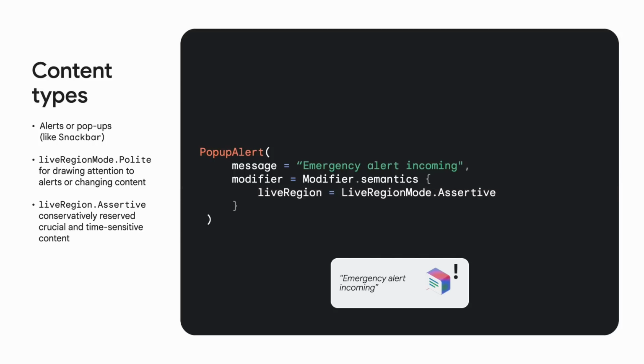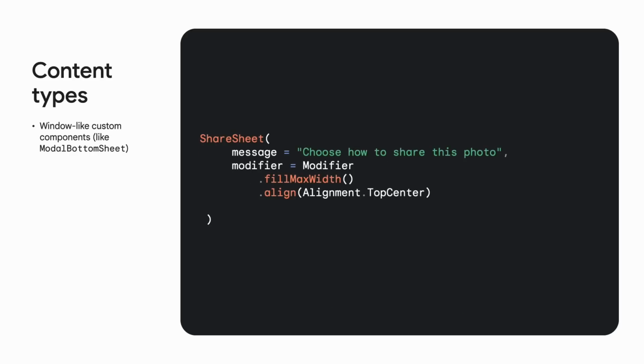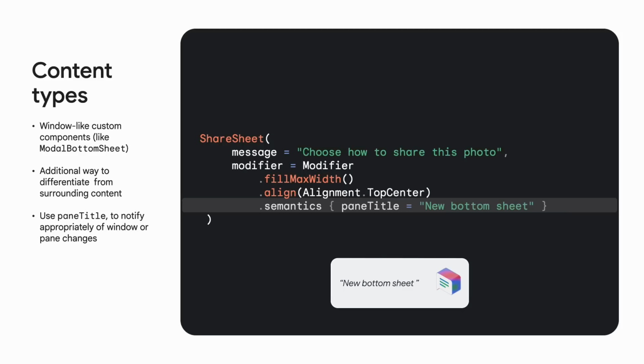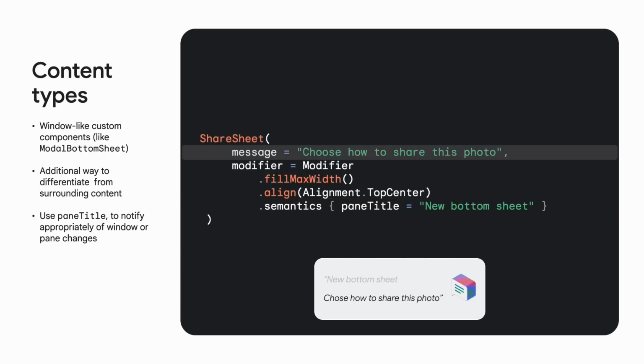Live regions should not be used on content that updates frequently, such as countdown timers, to avoid overwhelming users with feedback. Window-like custom components, similar to modal bottom sheet, need additional signals to differentiate them from surrounding content. For this, you can use the pane title semantics, so that relevant window or pane changes are represented appropriately by accessibility services, along with its main semantic information.